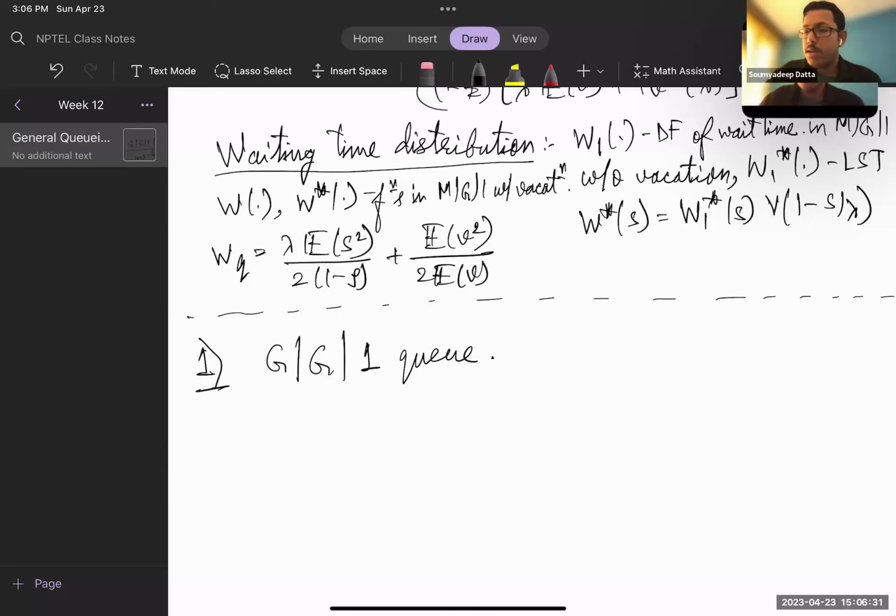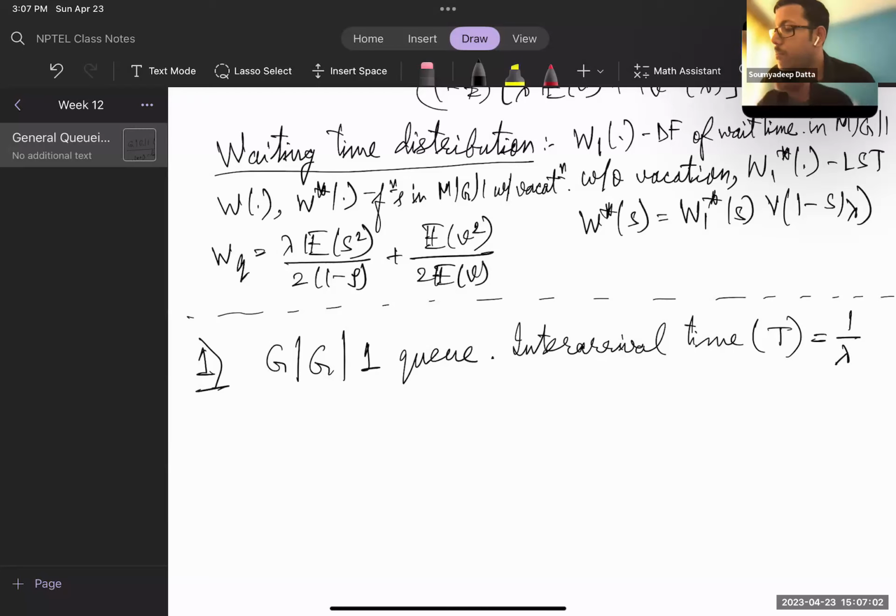So let's say that the inter-arrival times, let's denote them as T, are actually a fixed value. So I'll just write it as time T is equal to some fixed value, 1 by lambda, let's say. So the inter-arrival time is some fixed value, 1 by lambda seconds.